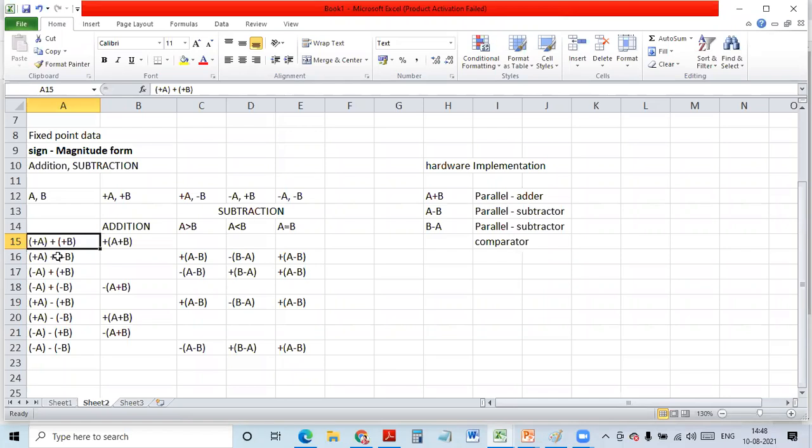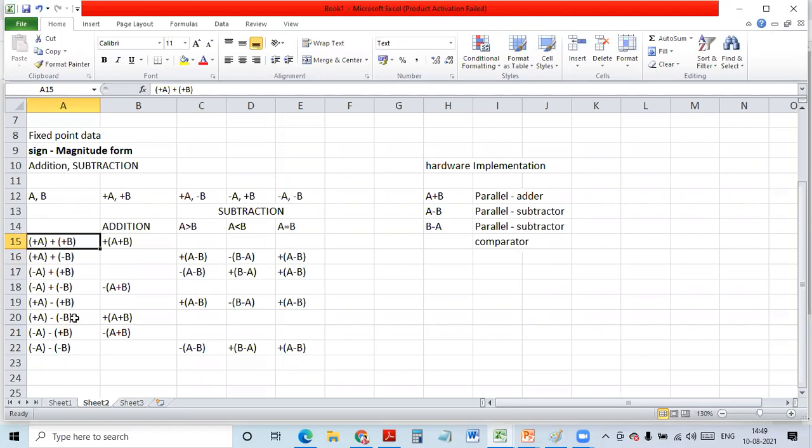If the two signs are the same, during addition, I have to perform addition of the magnitudes. If the two signs of the numbers are different during addition, then I have to perform subtraction of the magnitudes. Am I clear?